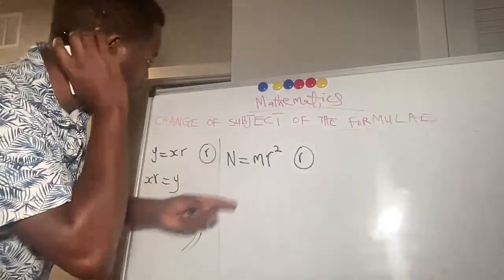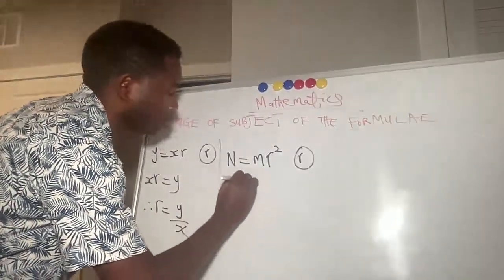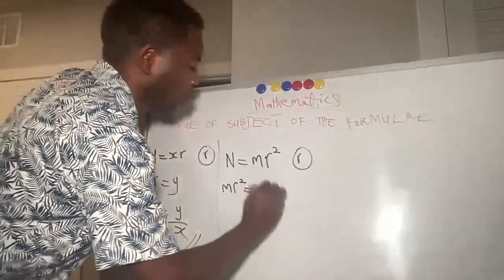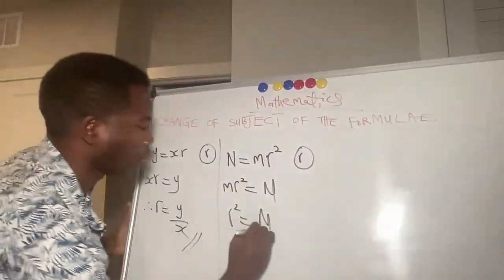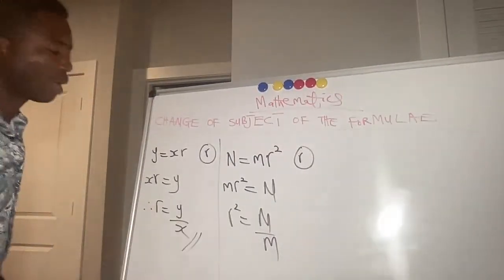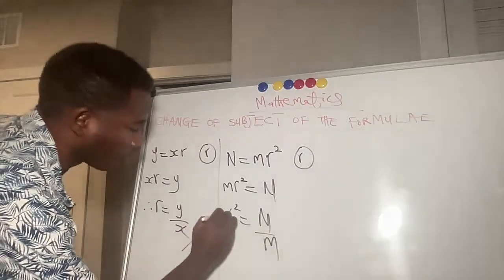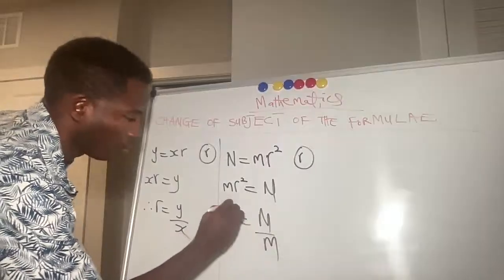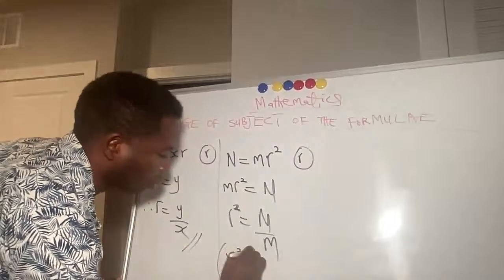The stuff that has R should go to your left hand side, which is M R squared is equals to N. R squared is equals to N over M. So therefore, take square root of both sides. You have to remove this square from here.